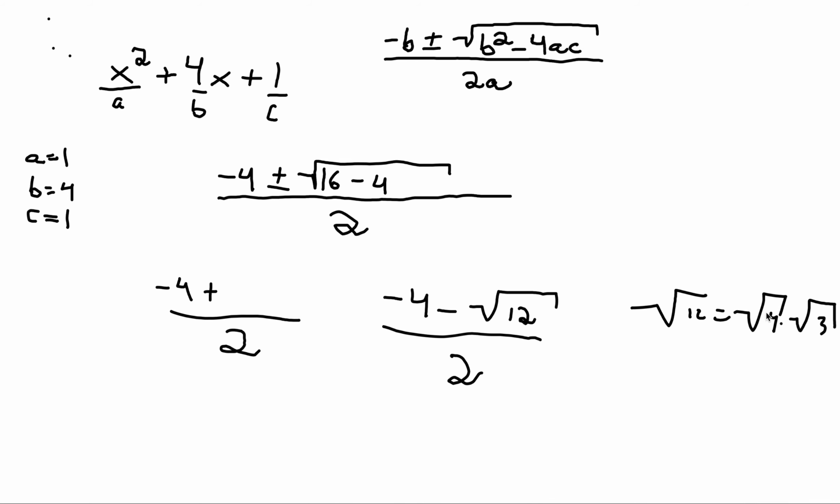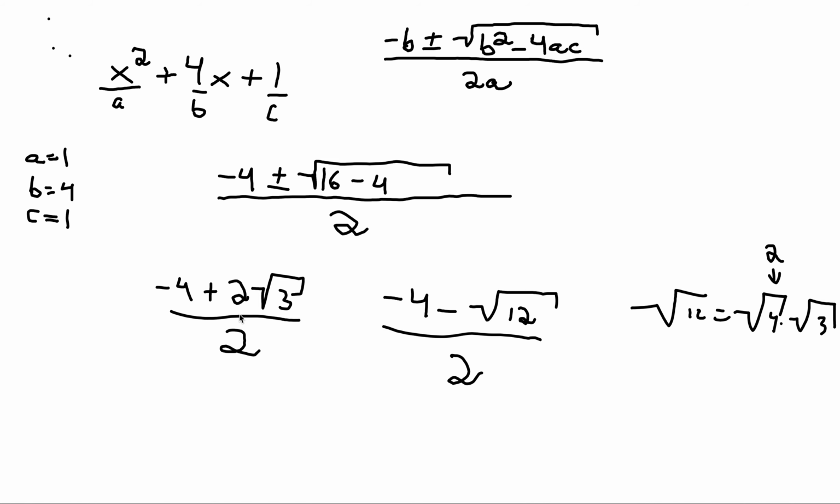We know that the square root of 4 is 2. So honestly, the square root of 12 is the same thing as writing 2 times the square root of 3. And this is how teachers would like to see your answers, as simplified square roots.